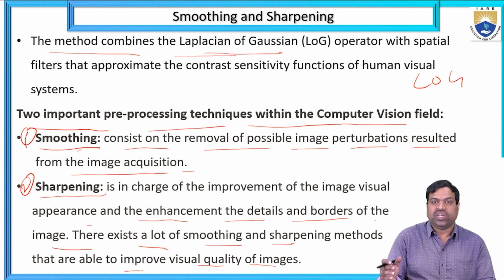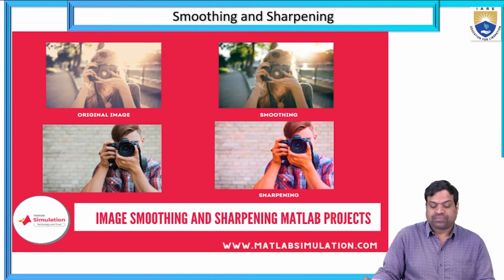We are not damaging anything, but we improve the visibility of the image, completely from the human visual system point of view. So smoothing and sharpening are the major pre-processing techniques for computer vision for removing noise and sharpening the image.